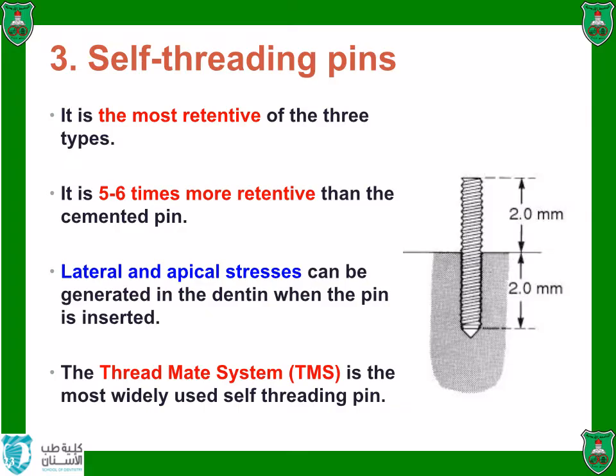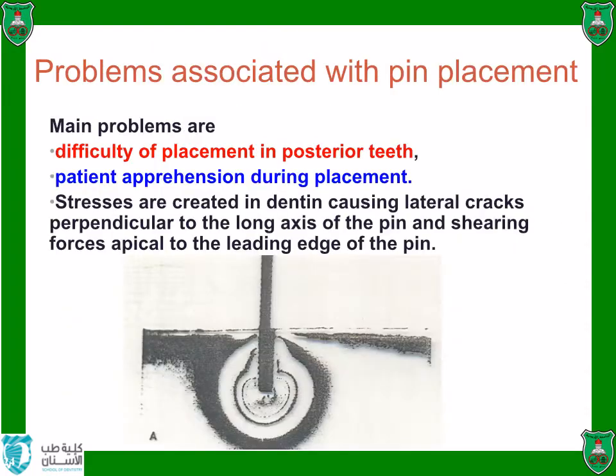The most common type is a thread-mate system. الستريسز ممكن تعمل لك مشكلة بالدنتين، ممكن تعمل لنا reversible pulpitis، ممكن تعمل perforation، ممكن تعمل exposure للبلب. So it's retentive, however it will produce some disadvantages on the pulp, and this is what we will learn now.